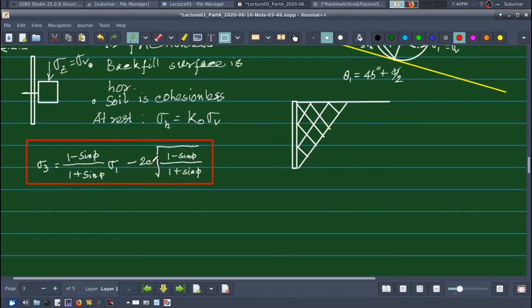So now when I put C equal to 0 for a cohesionless soil, sigma 3 becomes this much into sigma 1.